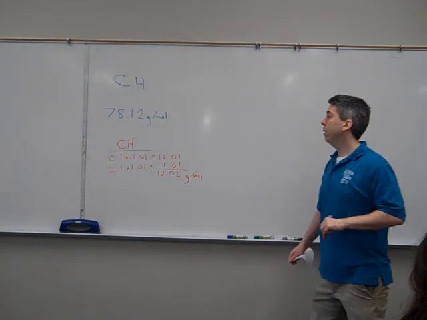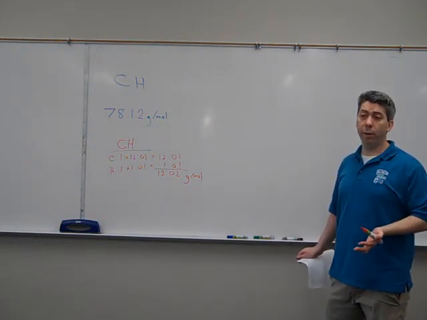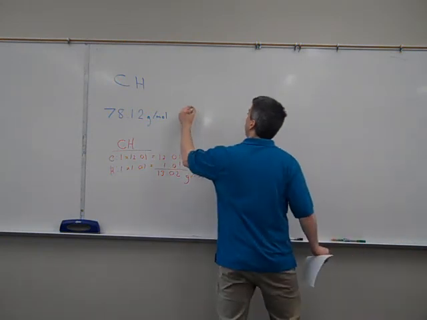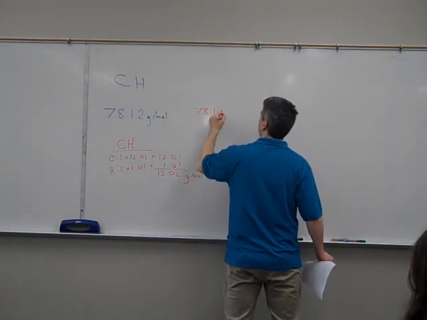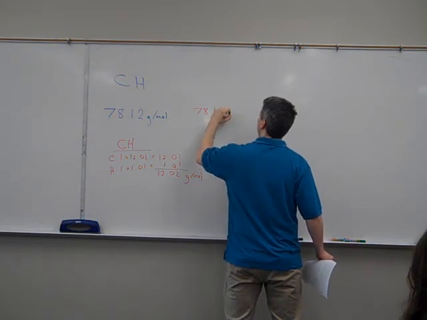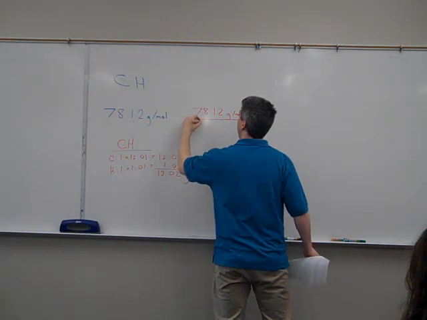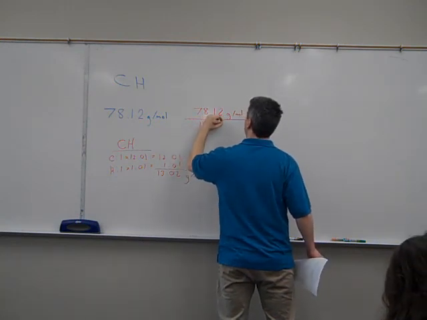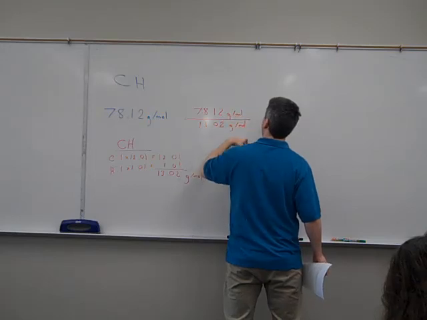Grams per mole. So then all I have to do to calculate the molecular formula is to take the 78.12 grams per mole of the molar mass and divide it by 13.02 grams per mole of the empirical formula mass.